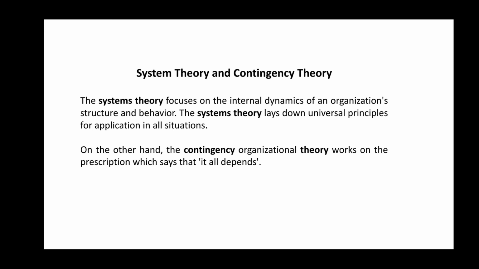If you compare organizations, the systems theory is similar for all organizations, whereas in the contingency theory, each individual organization is considered to be unique in nature. Every organization is unique, so we can't generalize in the contingency theory.